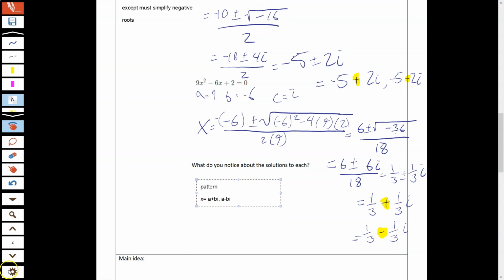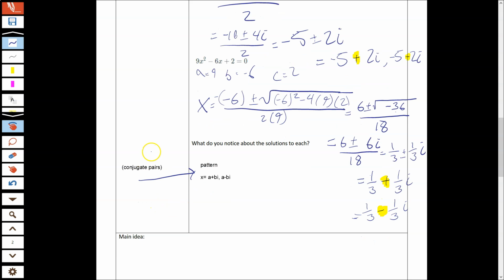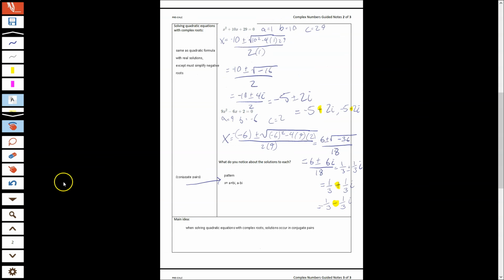These are called conjugate pairs, which is vocabulary you're going to see later in your math career. So conjugate pairs. That is also the main idea here, that these solutions occur in conjugate pairs with this result i. So that is a helpful pattern to pay attention to as you begin to practice these.